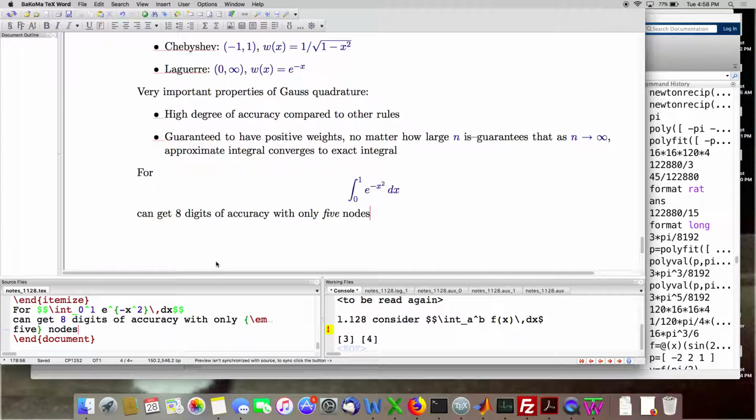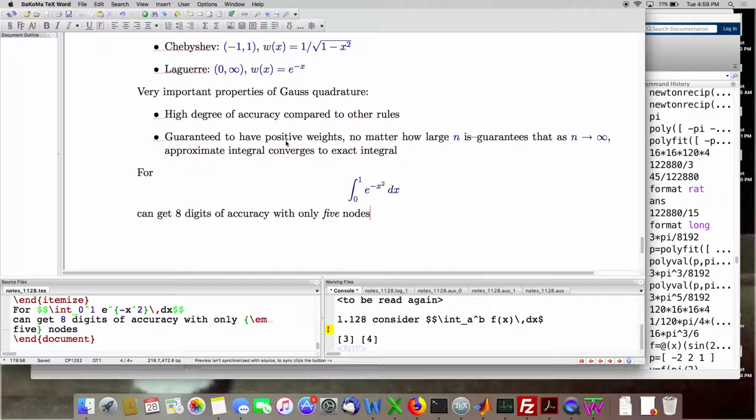Again, not always. Like I've said before, there's no clear winner when it comes to numerical integration methods, but most of the time, Gaussian really is the best. In terms of accuracy and robustness, having a reliable answer, they're very hard to beat. And that helps with efficiency. If you don't need many nodes, then your rule is more efficient to evaluate.